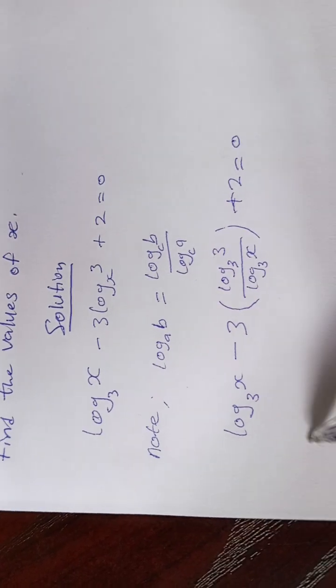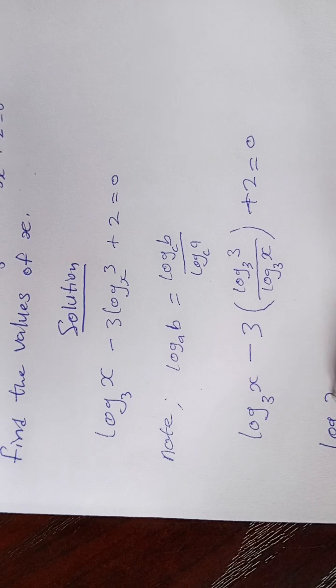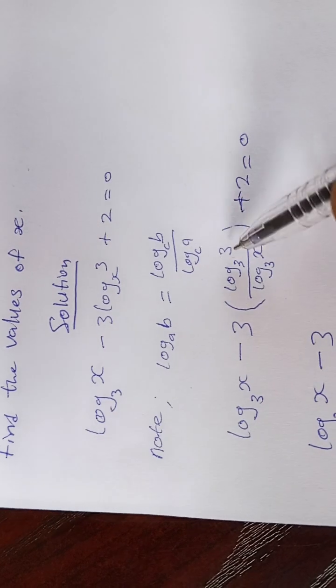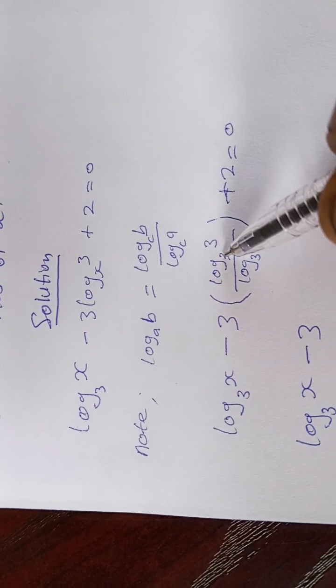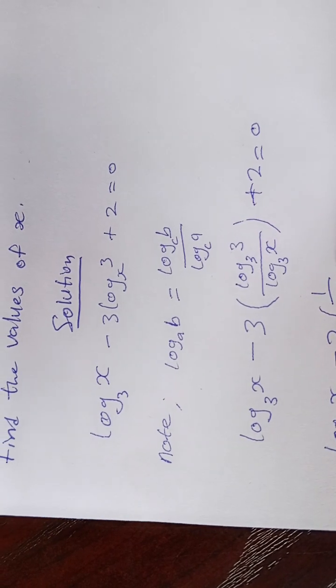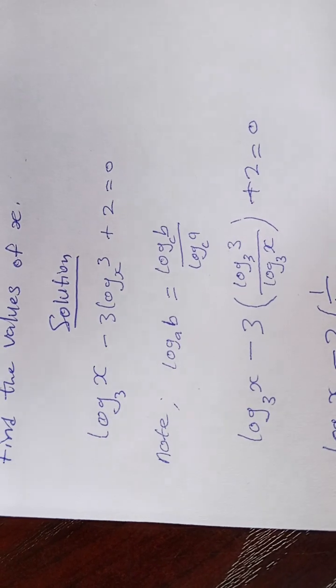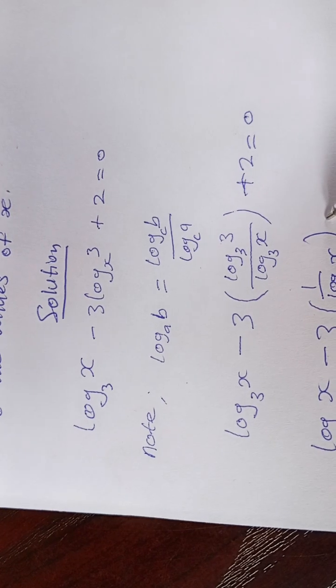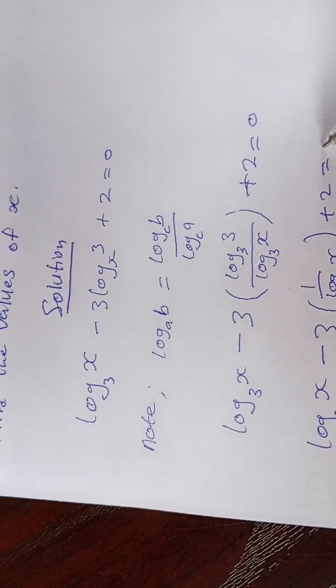So if we do that, we're going to have log x in base 3 minus 3 times log 3 in base 3, which is the same thing as 1, so we have 1 over log x in base 3, plus 2 equal to 0.